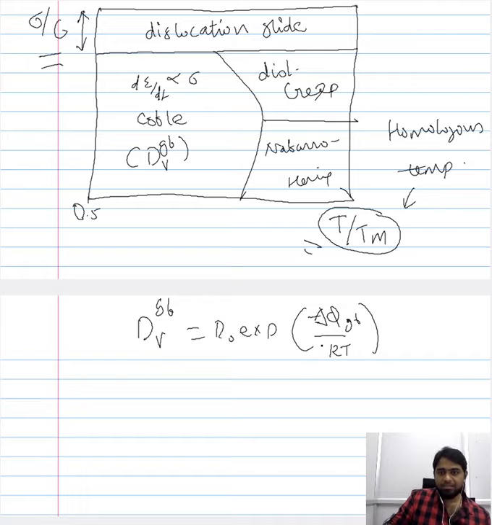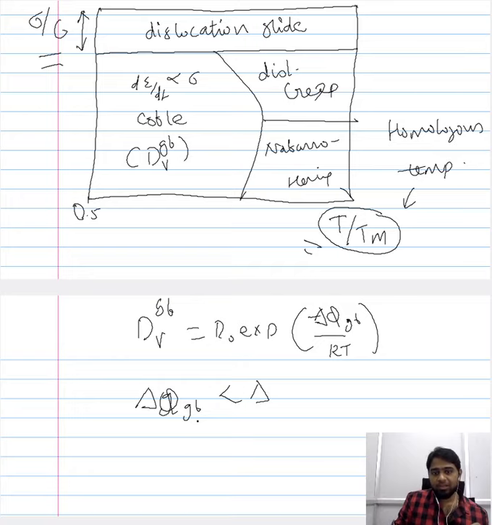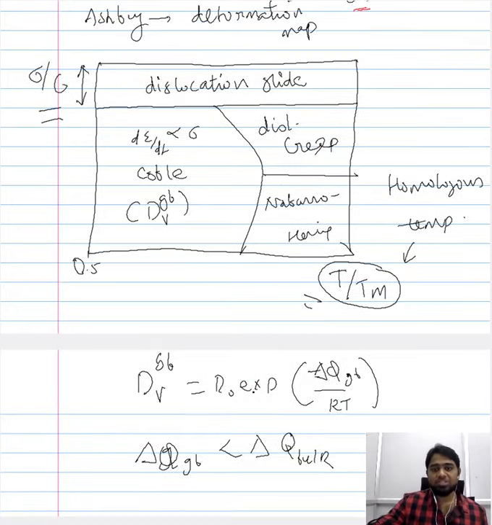And a similar expression can be arrived at for the bulk diffusivity, or the diffusion through the bulk of the phase, and we saw that the activation energy that needs to be overcome is less for the grain boundary than for the bulk of the phase. So when there is not much temperature or thermal energy to overcome this particular activation energy, which is higher for the bulk of the grain, the vacancies choose the easier path, that is along the grain boundary, thereby yielding a Coble creep mechanism.